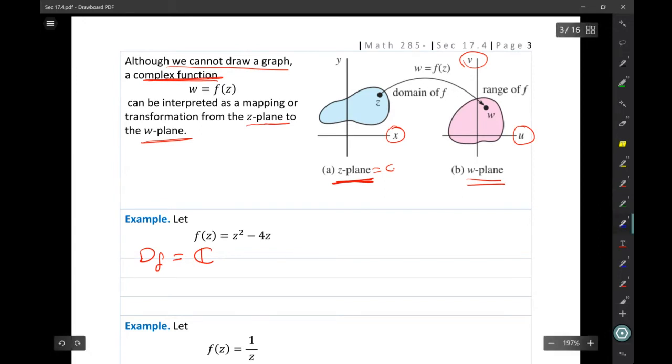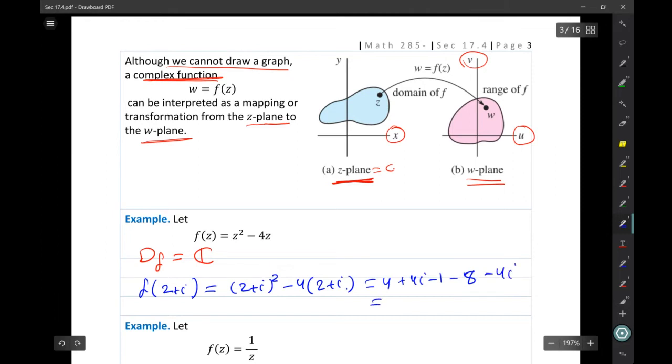Here I have a polynomial. Now if I would like to find f of 2 plus i, it is equal to (2 plus i) squared minus 4 times (2 plus i). Of course, we have to calculate this one. That becomes 4 plus 4i, i squared is minus 1, minus 8, minus 4i.